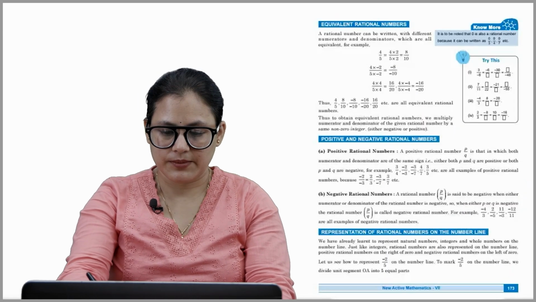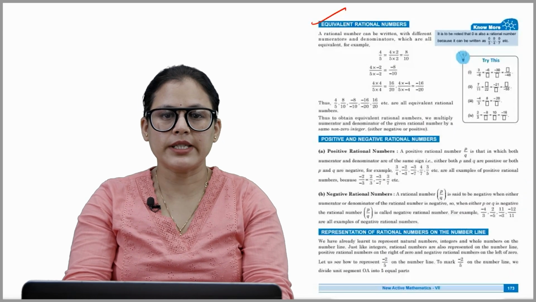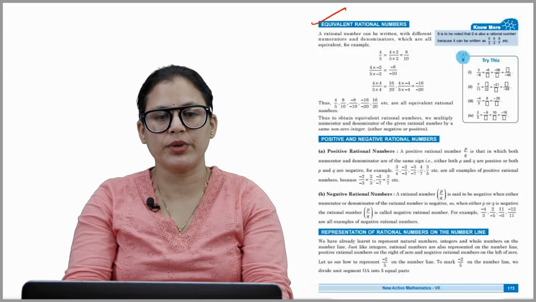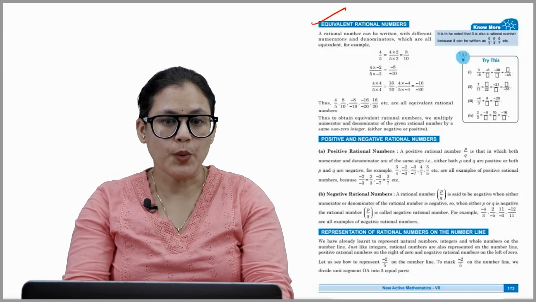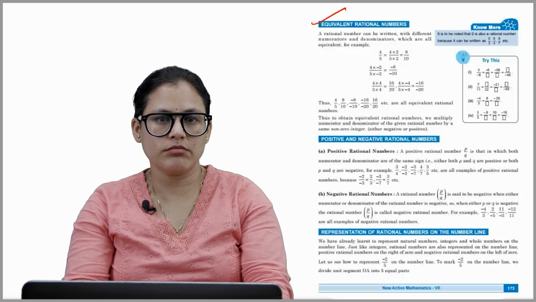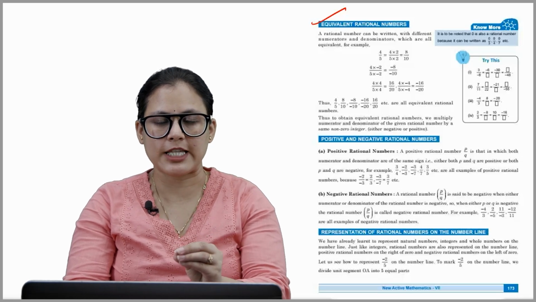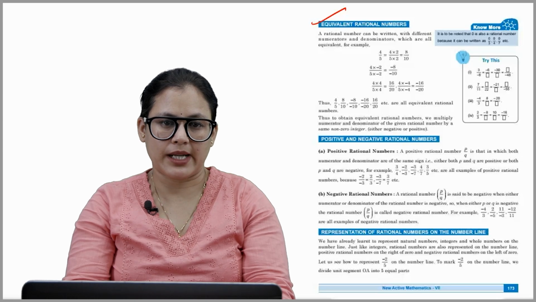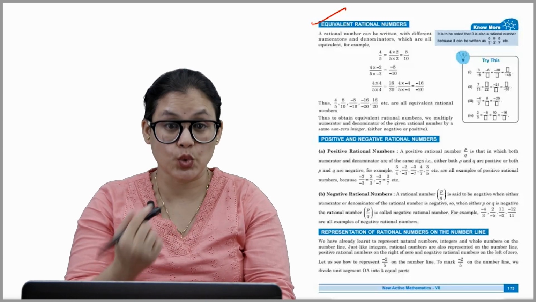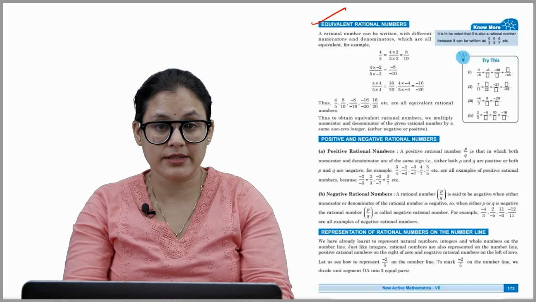Equivalent rational numbers. A rational number can be written with different numerators and denominators which are all equivalent. For example, 4 by 5, if we multiply this fraction by 2, we'll get 8 by 10. Also, if we multiply by minus 2, we'll get minus 8 by minus 10.